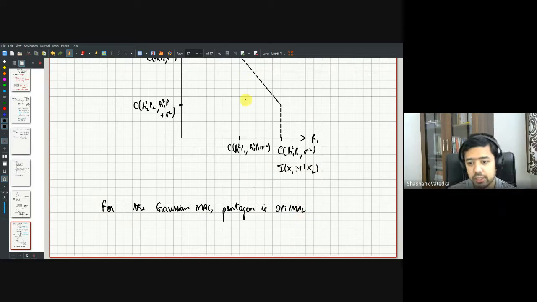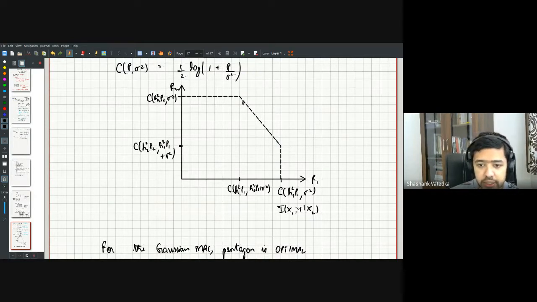So in fact, this is the capacity region. So the capacity region is a pentagon in the case of the two-user Gaussian MAC.